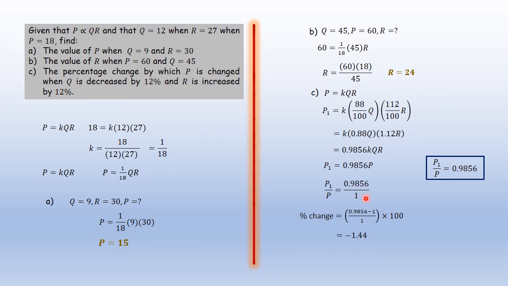What is the change? Sorry, it is 98.56 minus 100 because it's a smaller number. It will be negative 1.44. And that way, we can say the percentage change in P is a 1.44% decrease.